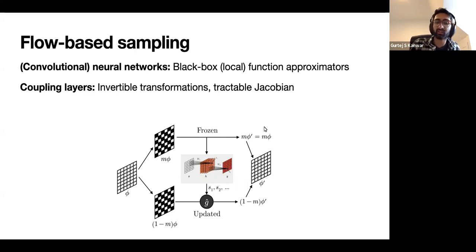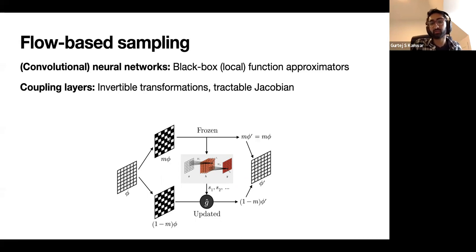The way this works is much like, for the experts in the audience, how HMC produces invertible trajectories. It involves splitting the degrees of freedom in half, working with one subset that will not be updated, but using it to produce parameters for the update of the other subset, and then gluing those together.